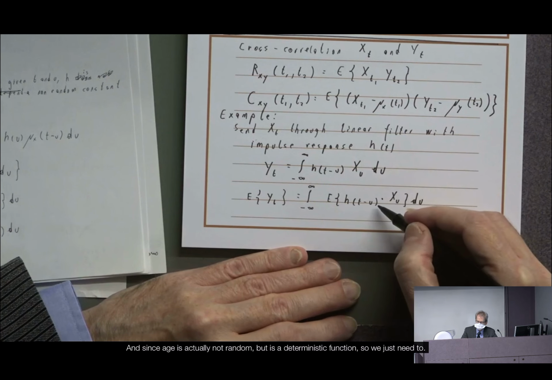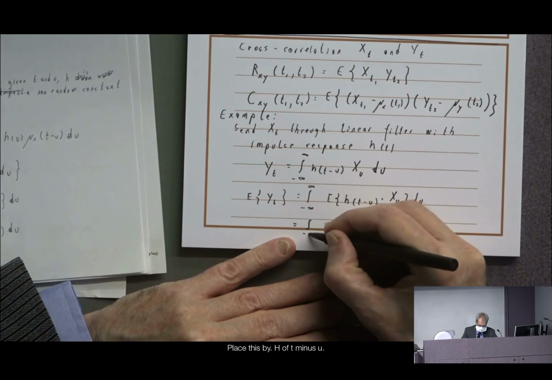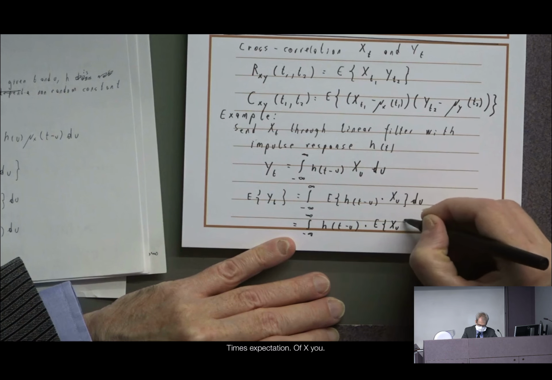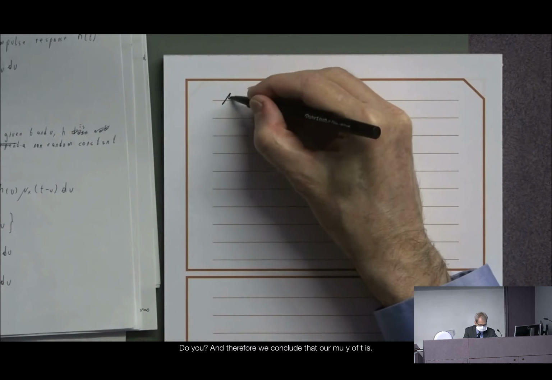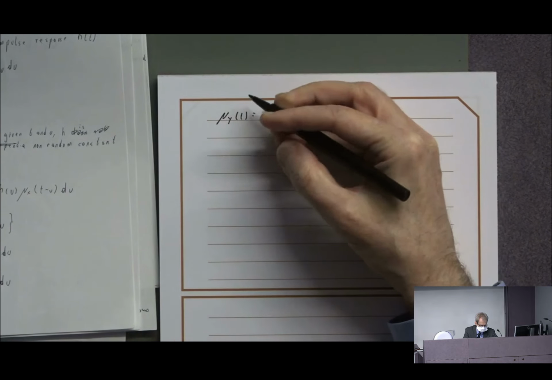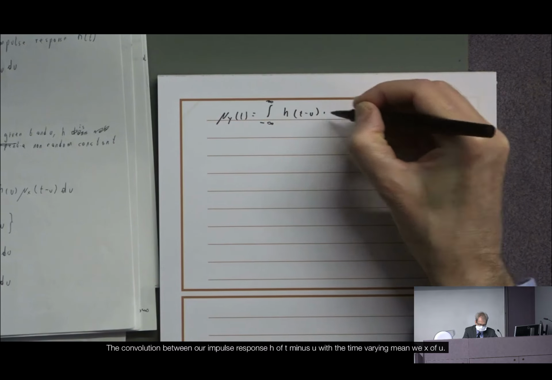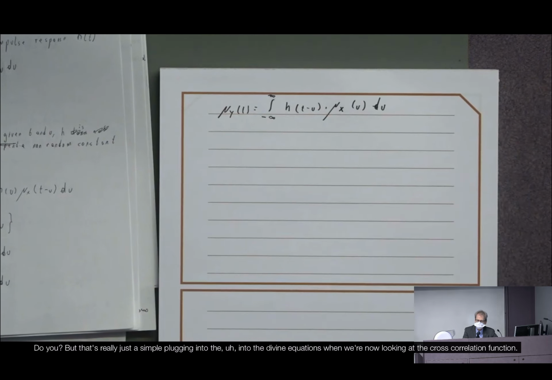Since h is not random but a deterministic function, we just replace this by h(t minus u) times the expectation of x(u) du. Therefore we conclude that mu_y(t) is the convolution between our impulse response h(t minus u) and the time varying mean mu_x(u) du. That's really just a simple plugging into the defining equations.